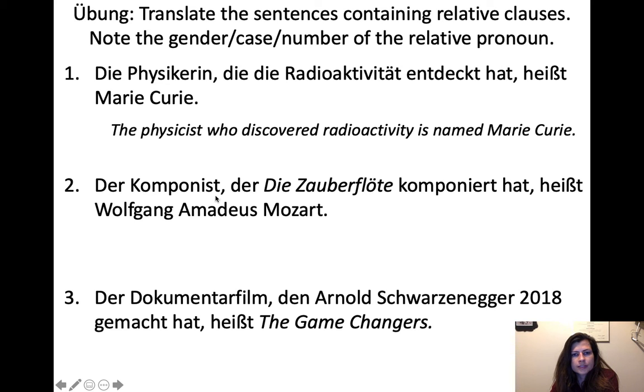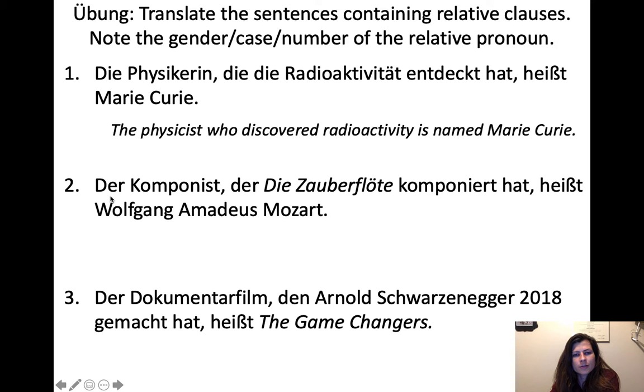Der Komponist, der die Zauberflöte komponiert hat, heißt Wolfgang Amadeus Mozart. Here we have it. It's the same, that we also have two seemingly articles next to each other, but because this is part of a title and it's italicized, it's not quite as confusing, I think. But we have two articles next to each other.